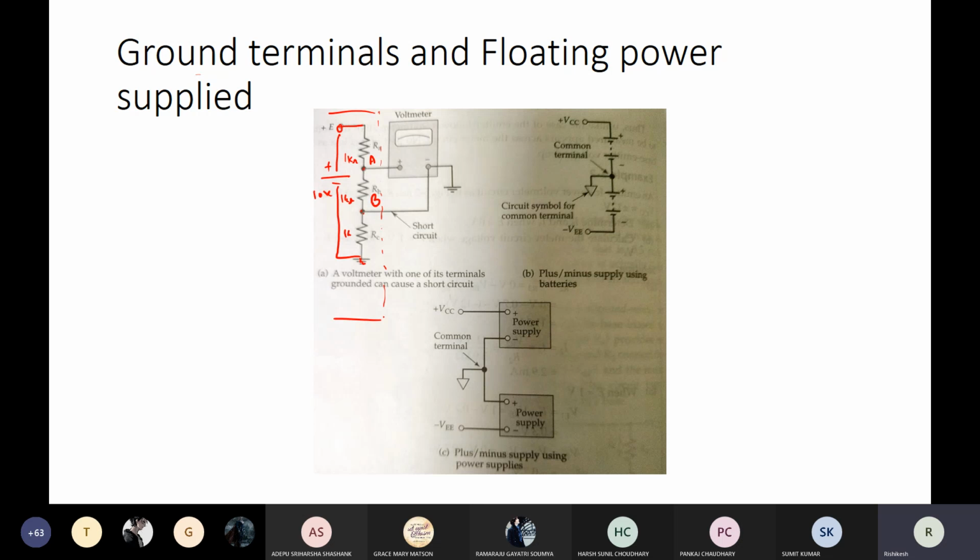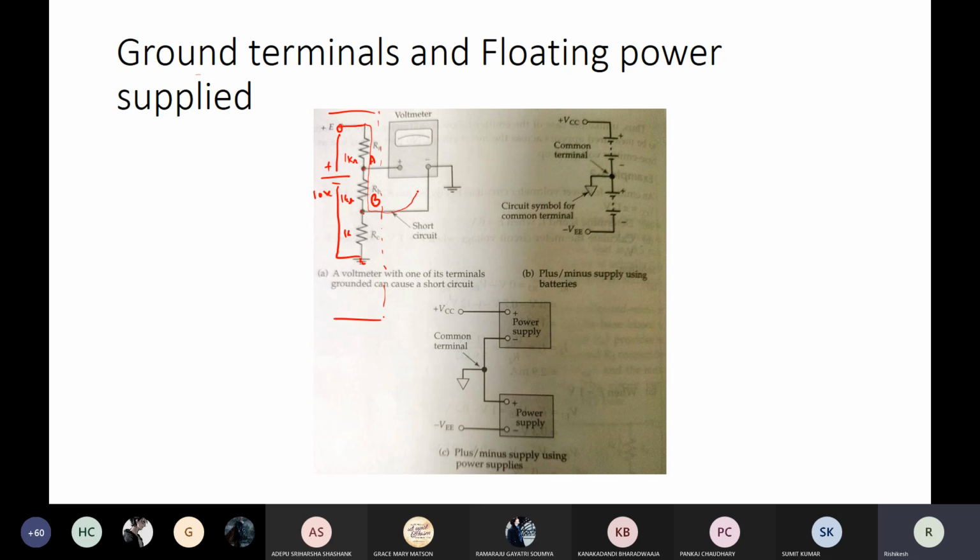Will it be able to measure the voltage across RB? No, sir. Why? Because there's a ground at the negative terminal. Yes. So what is happening is we are effectively short circuiting the circuit.